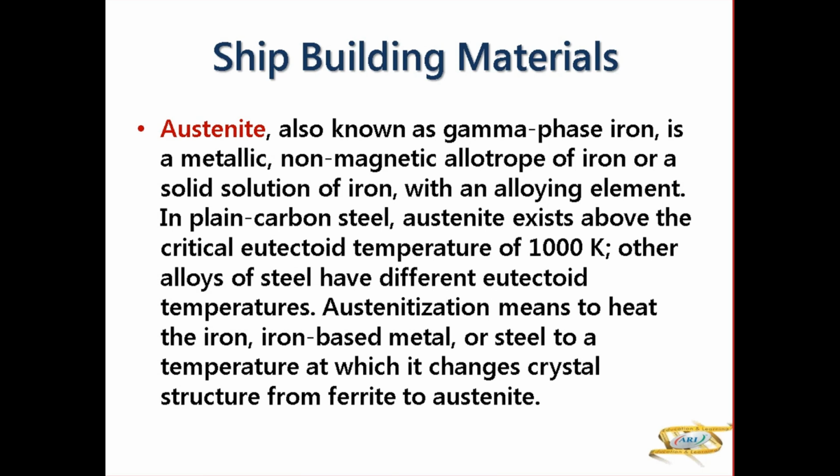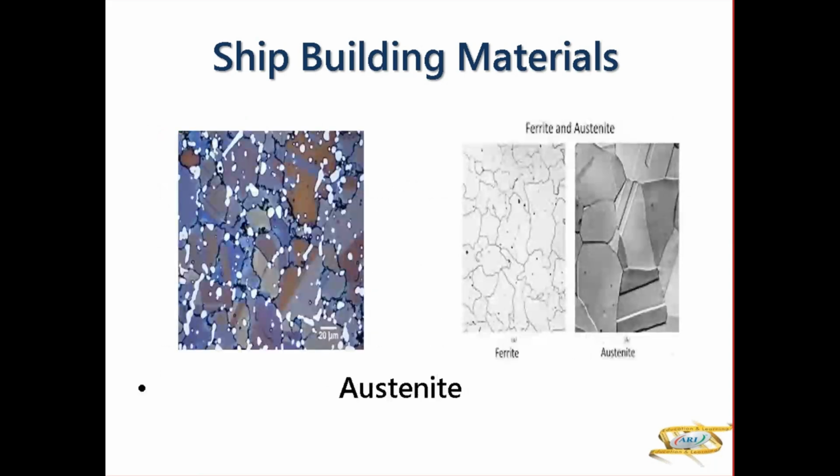Other steel alloys have different eutectoid temperatures. Austenitization means heating the steel to a temperature where it changes the crystal structure from ferrite to austenite. If you see, the structure has changed now. That is a change in structure because of heat treatment above the eutectoid temperature.